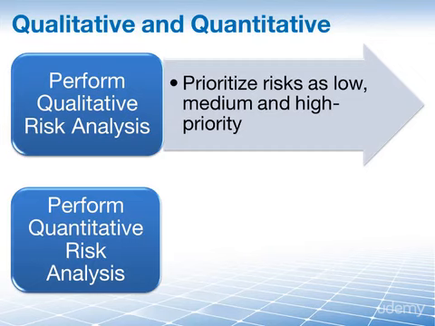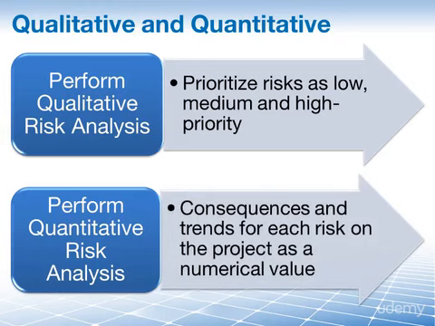Then, based on the general priority that you have just assigned to all 500 of your risks, you perform a second process. Perform quantitative risk analysis. And here, based on the consequences, based on the impact and trends for each risk, you assign a quantitative or numerical value to each and every one of your risks.